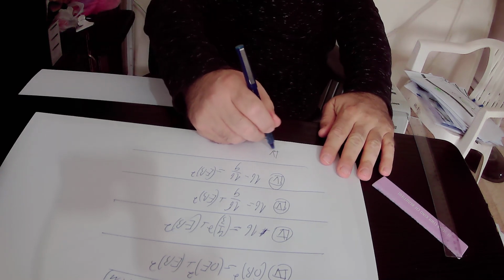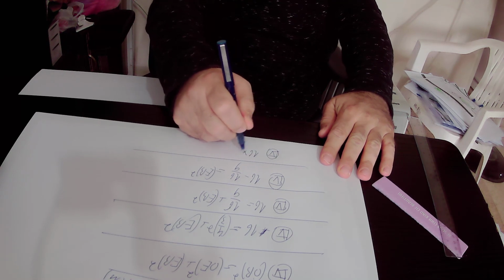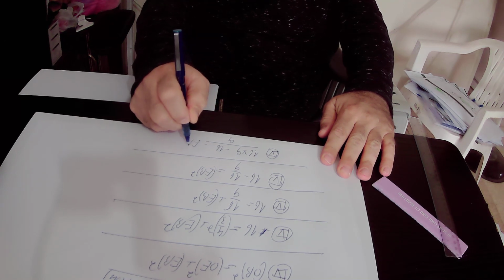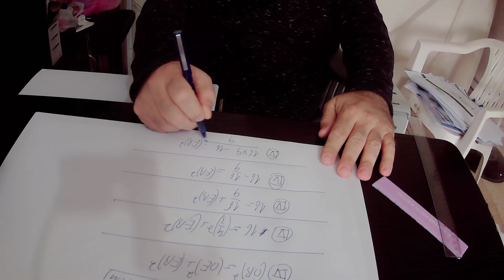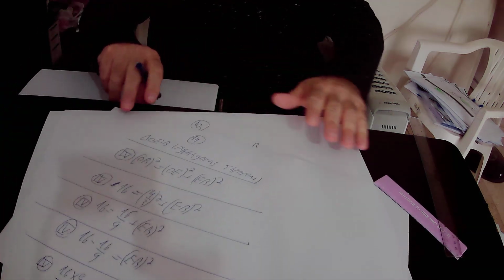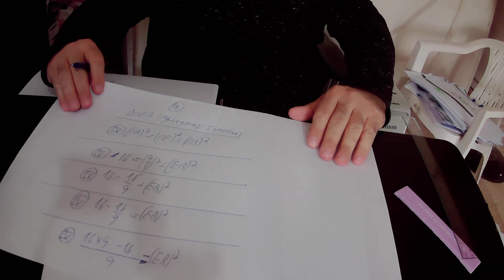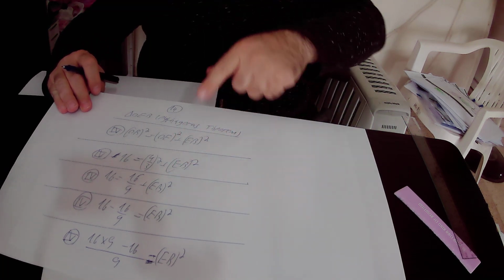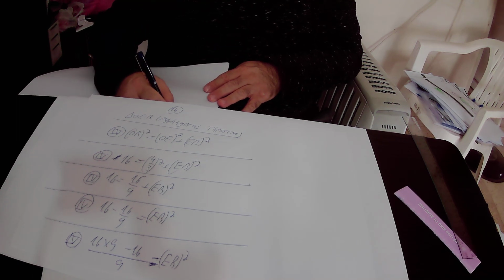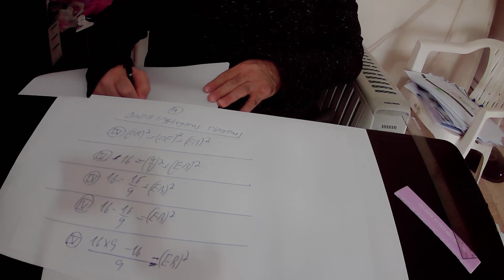So we will get that 16 times 9 over 9 minus 16 over 9 equals EB squared. 16 times 9 minus 16 is 16 times 8, so I will write it down. 16 times 8 over 9 equals EB squared.